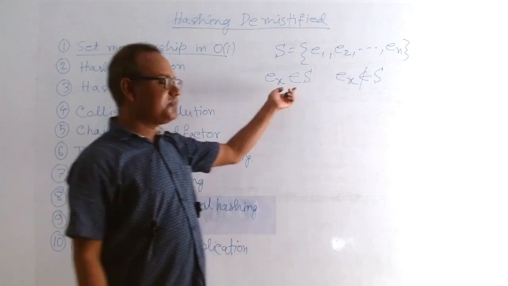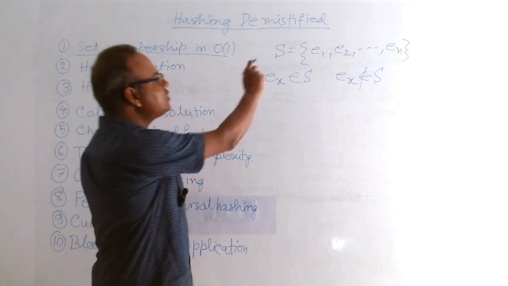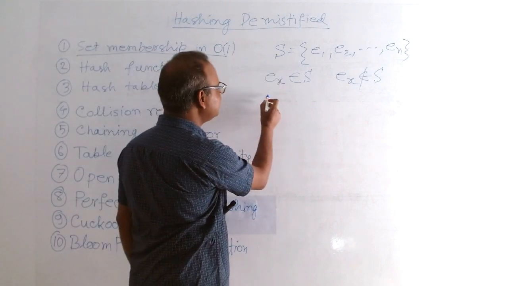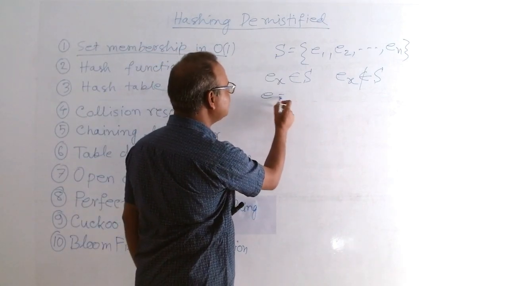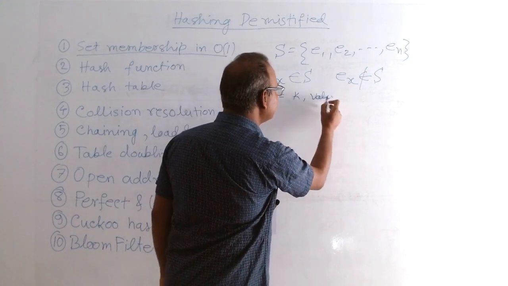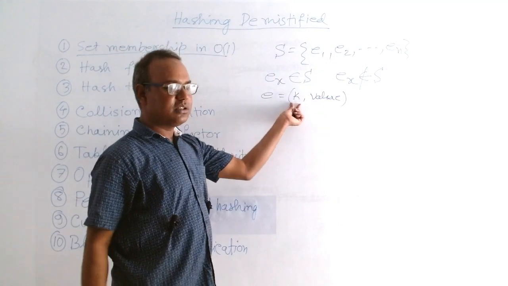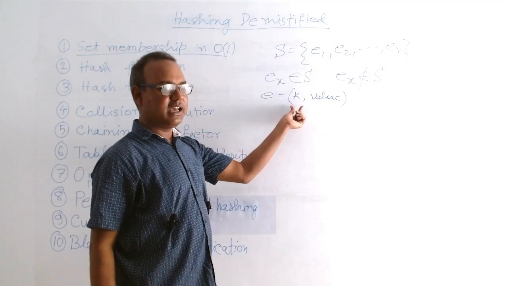And if present, we have to find out its value. So these elements are generally written in this format. Elements are basically key value pairs. This key is used for creating the hash.